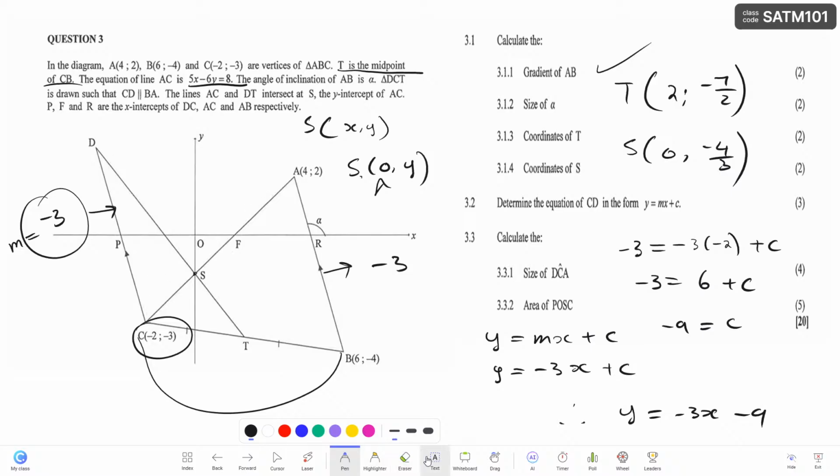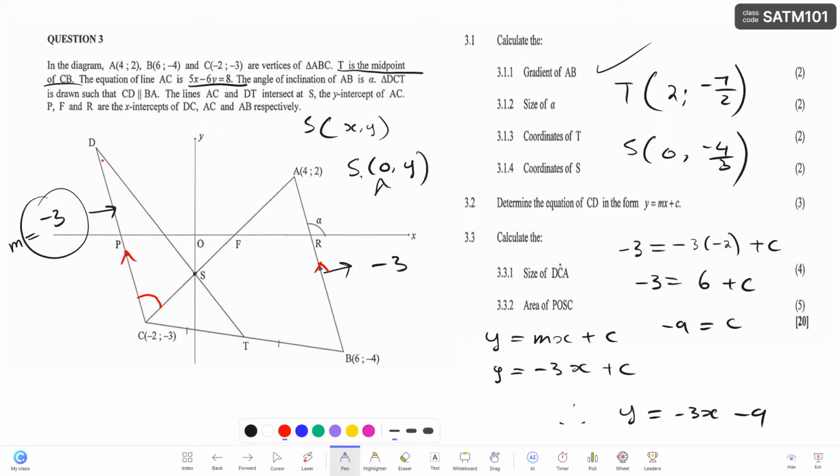So we are looking for this angle here. So, okay, before we go further, we need to analyze this sketch. So we are told that this line is parallel to this line, right? Yes.